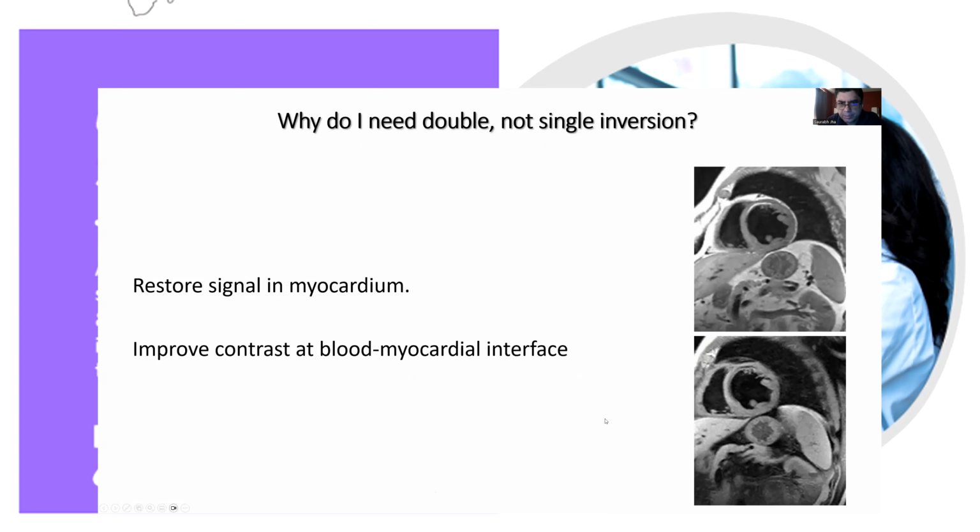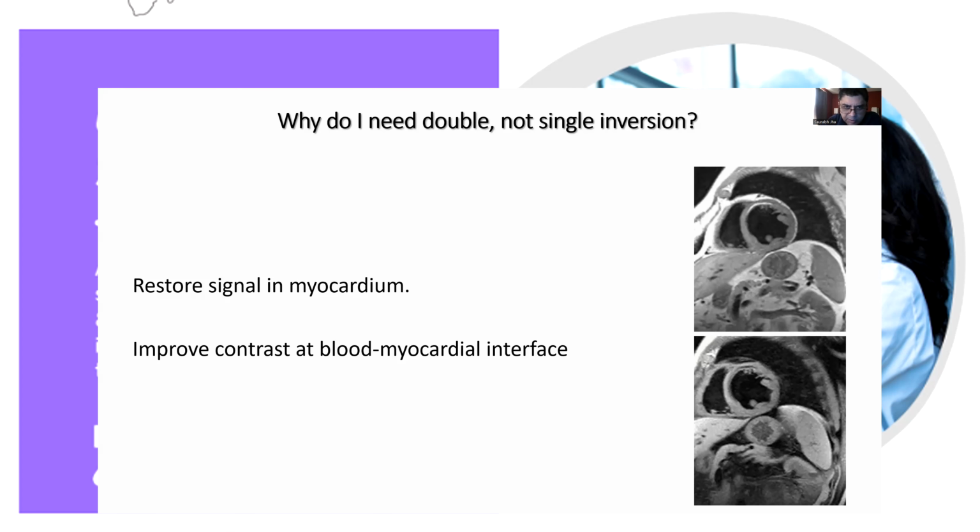So why double? Why do we need two inversion pulses? The thing with MRI physics is that everything is kind of related. Go back to what I said about inversion recovery: it dulls all tissue, not just the fat, including the myocardium itself. And what you don't want is for the myocardium to be dead.